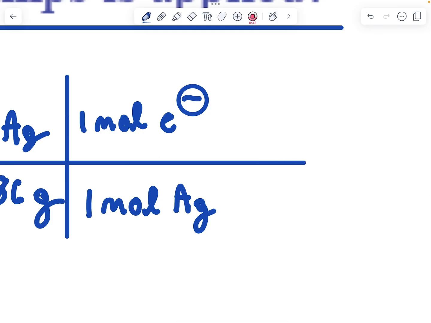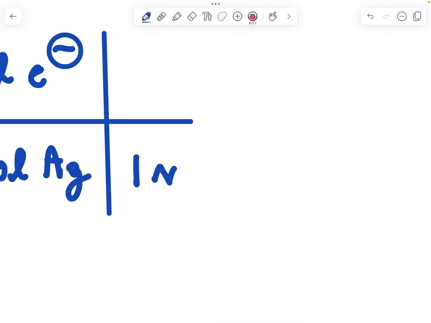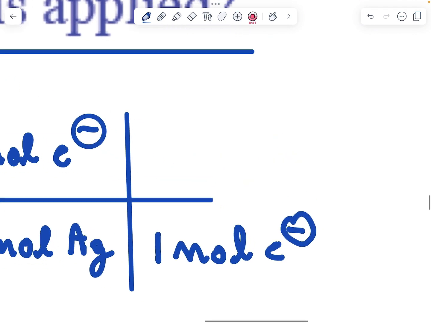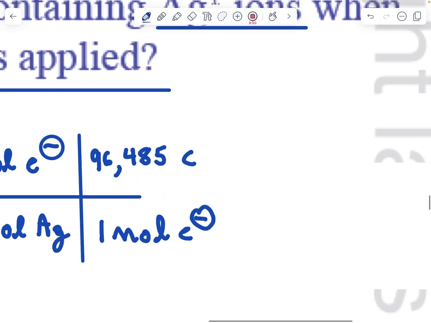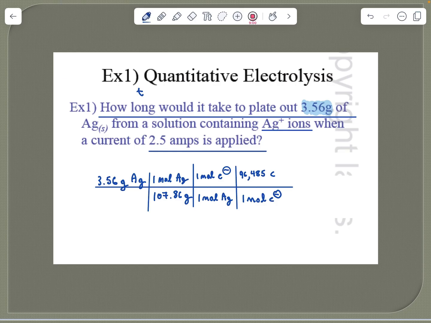And using our handy constant we just figured out, we know that Faraday says that 1 mole of electrons will have around 96,485 coulombs. And so we now get our coulombs, and I will show it a different way. We could do it all in one place, but I would rather put this into our calculator first.